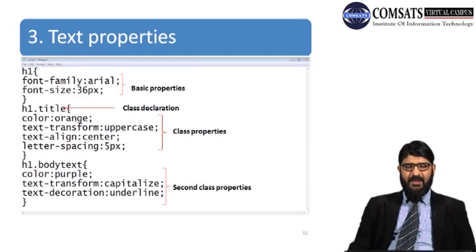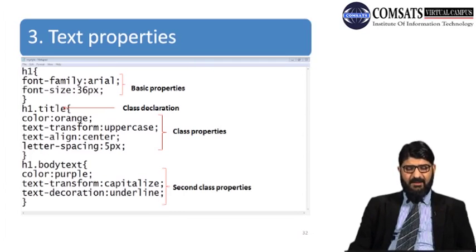This is the basic property of the text. Then h1.title, this is the class declaration. The color is orange. Then the text is transformed to uppercase, the text is aligned to center, and the letter spacing is 5 pixels. So these are the class properties for the h1 heading.